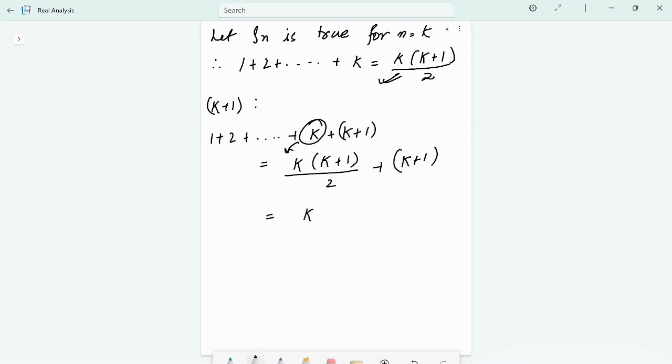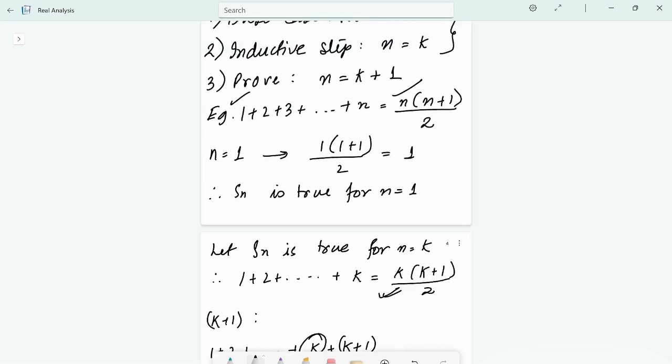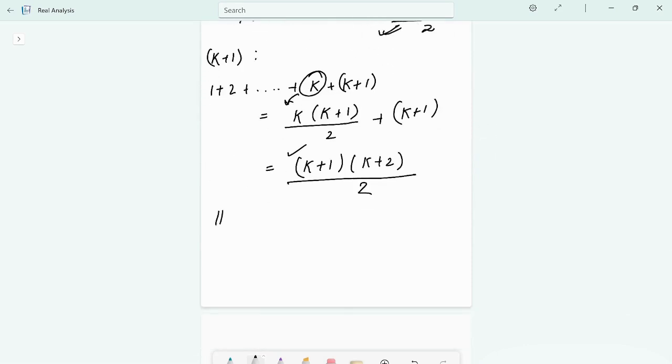Therefore, if we simplify it, we get k plus 1 times k plus 2 by 2. Now, if we put k plus 1 in the formula, it comes out the same. Hence, we proved it. Please try on your own too. Then you'll understand it better.